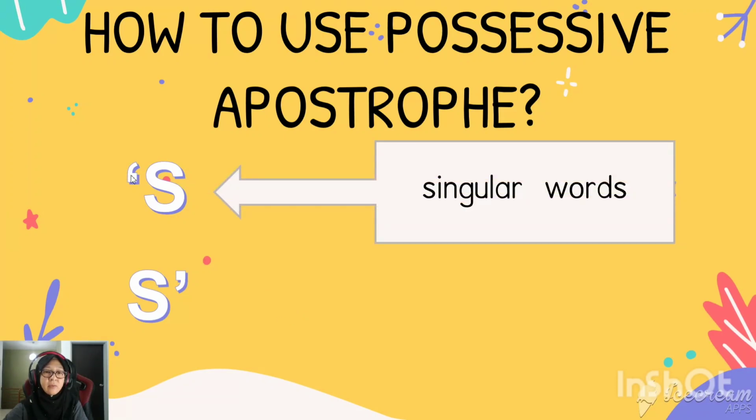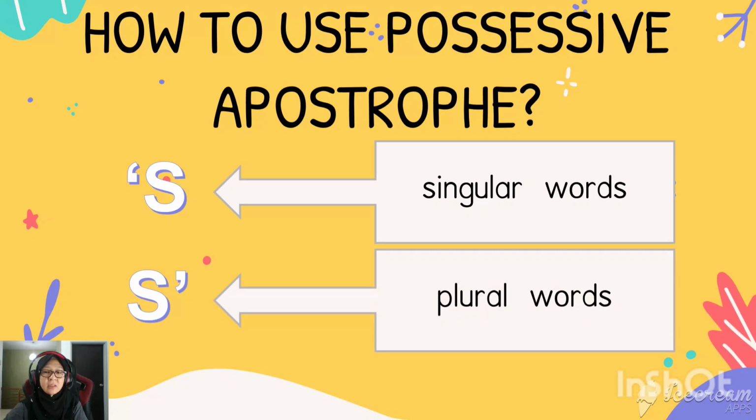So, apostrophe s is used for singular words. Do you still remember about singular and plural? I hope you still remember about the topic, which we have learned in previous years. And s apostrophe is used with plural words.